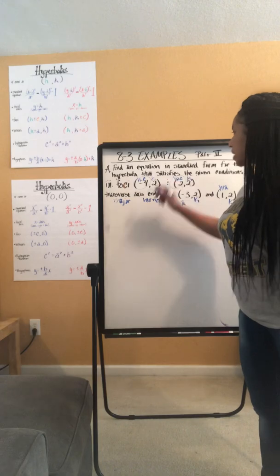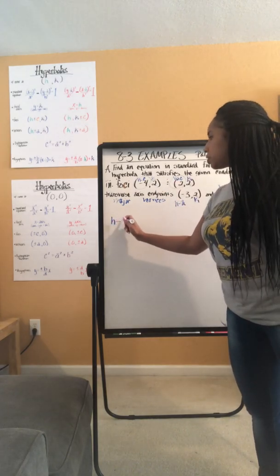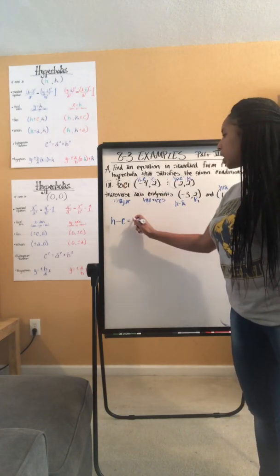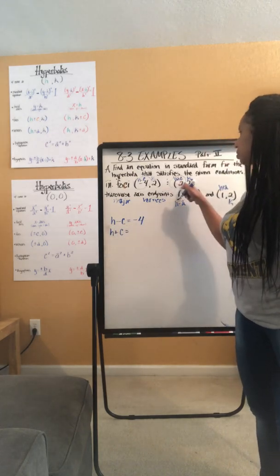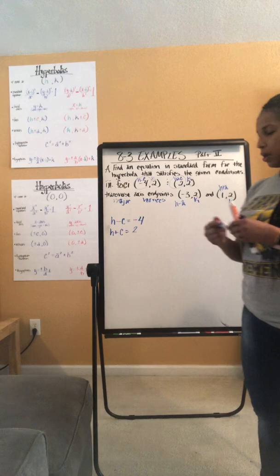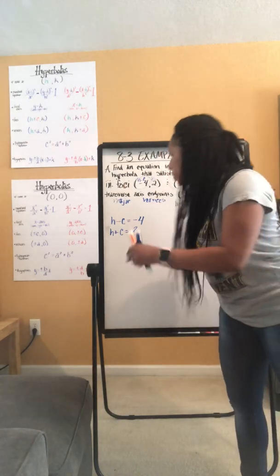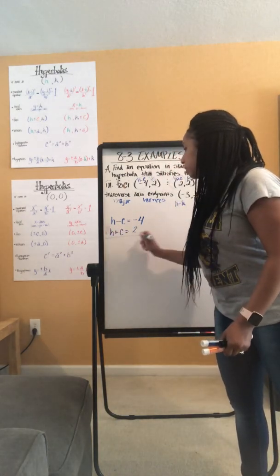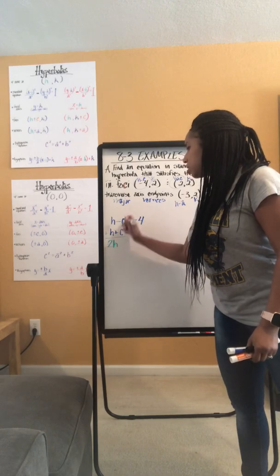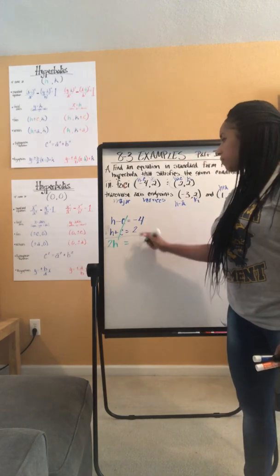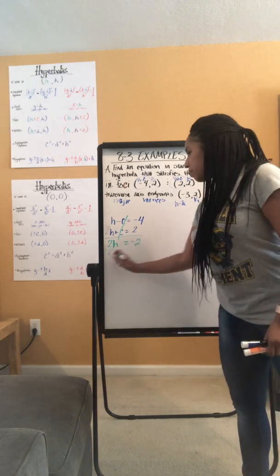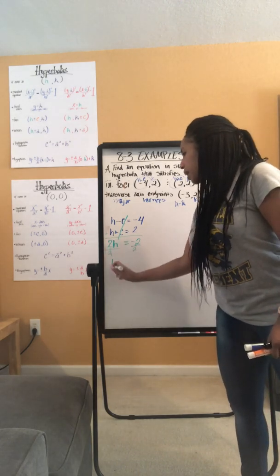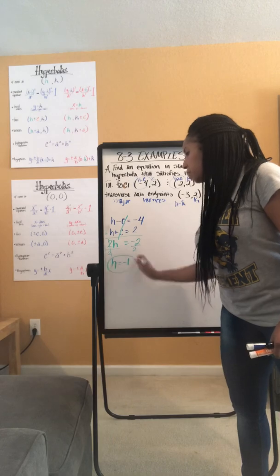And I will set up my elimination problem. So h minus c is equal to -4, and h plus c is equal to 2. So we will add these two equations up. h plus h is 2h, the c's go away. -4 plus 2 is -2. If I divide both sides by 2, my h would be -1.